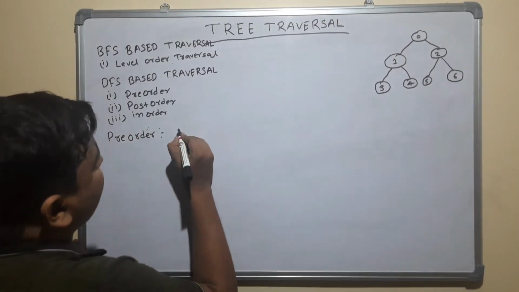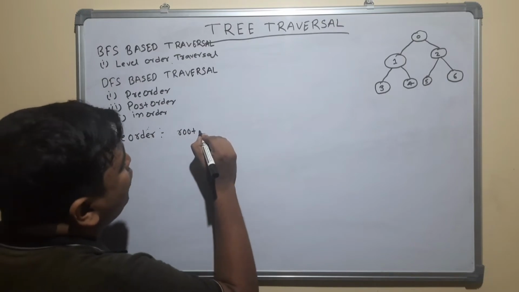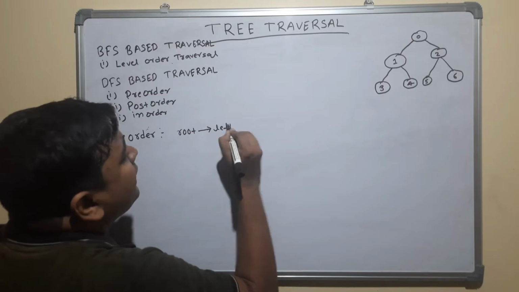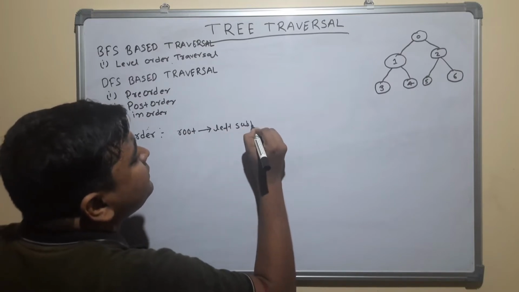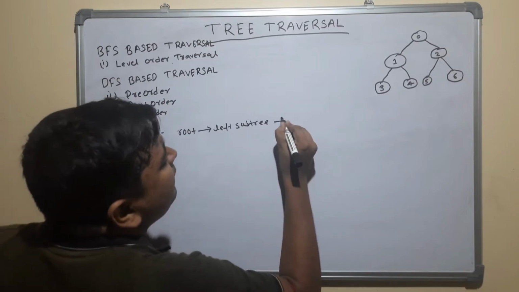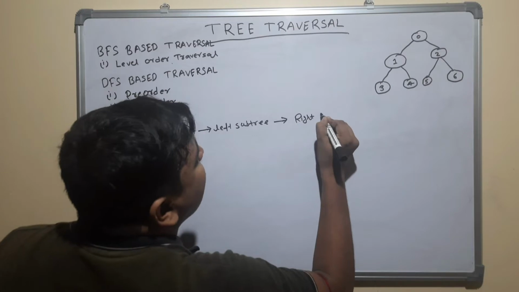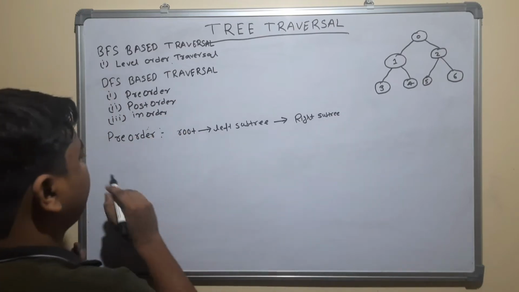First the root node will be traversed, then the left subtree, then the right subtree.